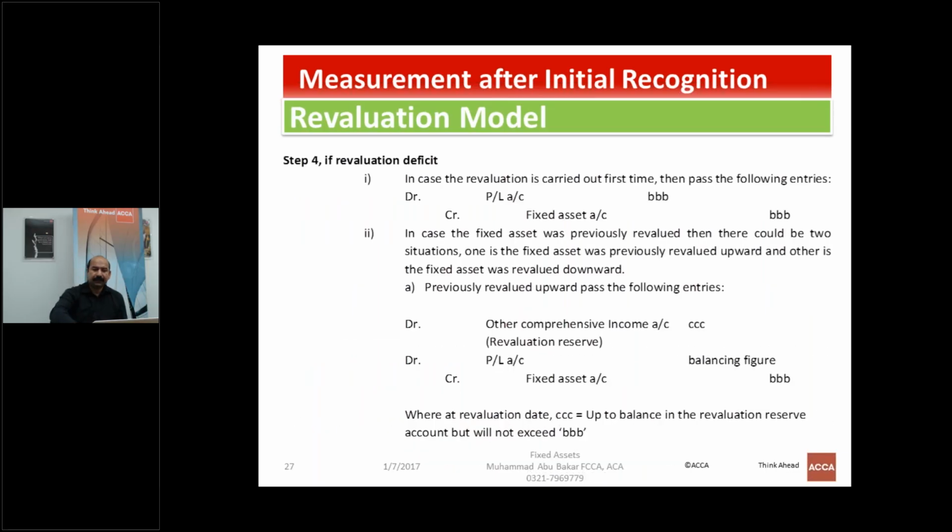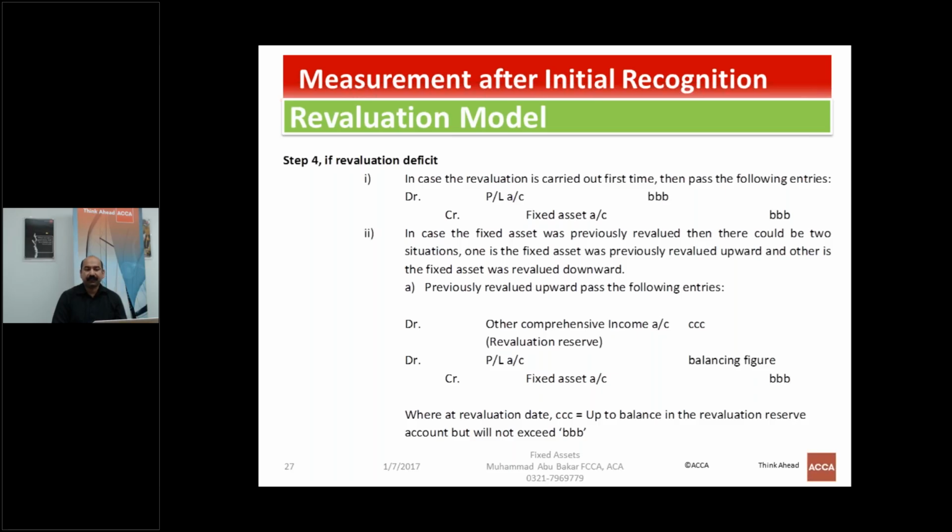Then, if there is a deficit, in case the revaluation is carried out the first time, pass the following entries. We denominated the deficit with BBB: fixed asset credit with BBB, and profit and loss account debit with BBB.